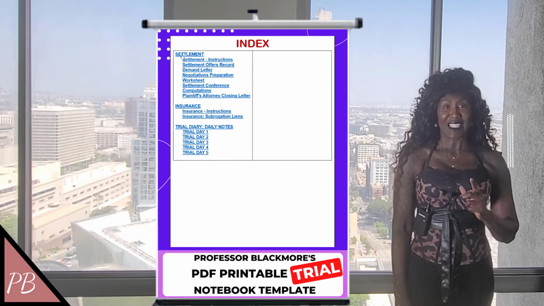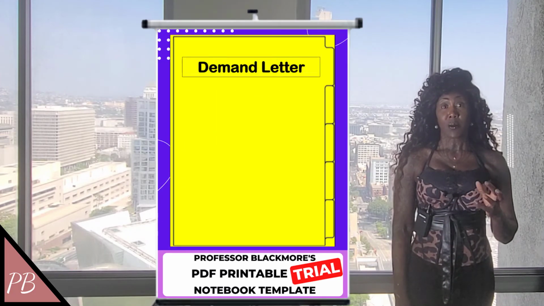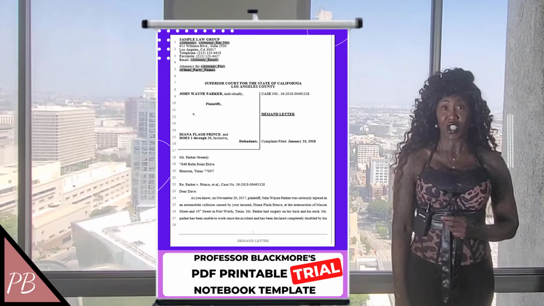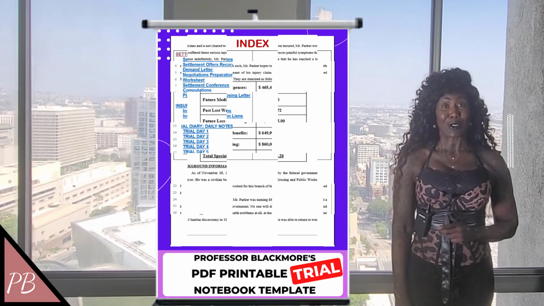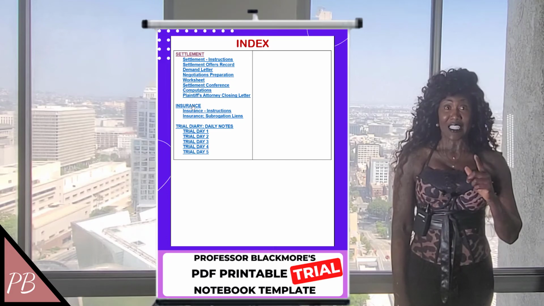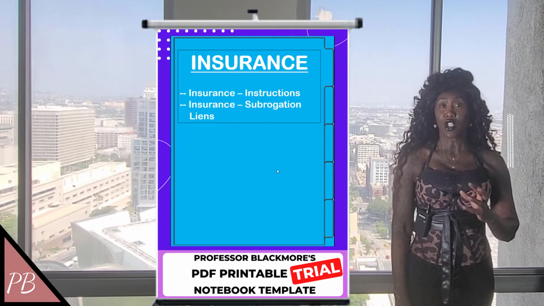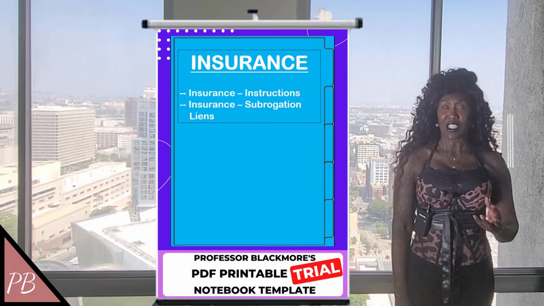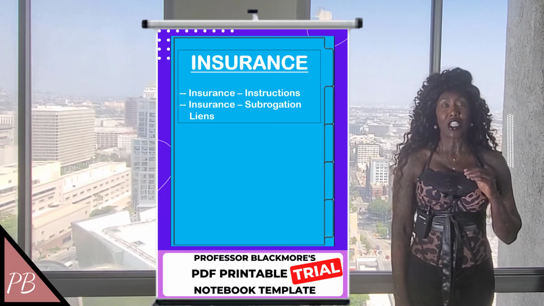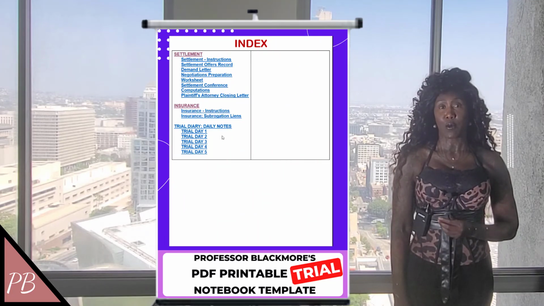Now, the next section is the settlement section. And here are some of the things you'll find in this section, including Professor Blackmore's sample demand letter. Now, the next section is the insurance section. And here are some of the things you'll find in this section, including any subrogation information that you may have for your particular case.